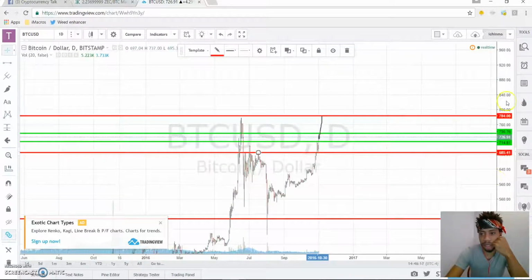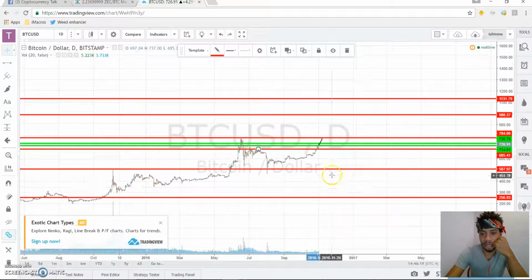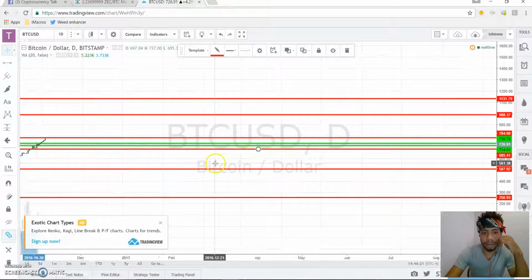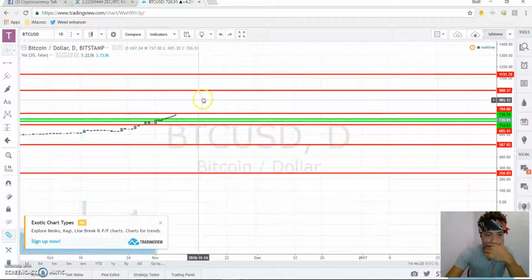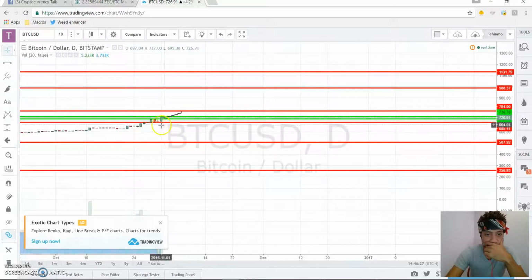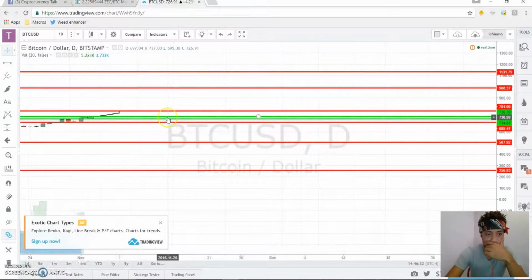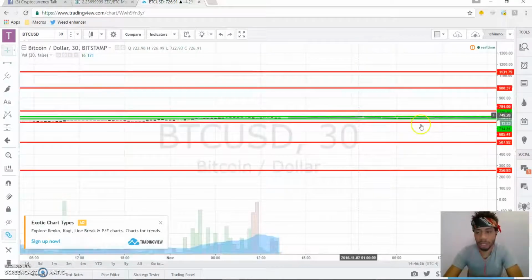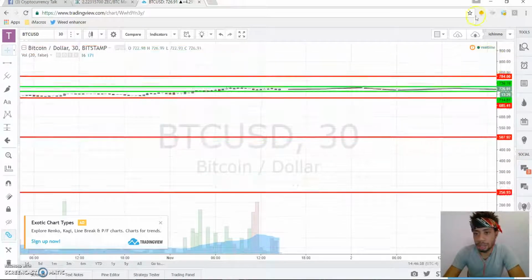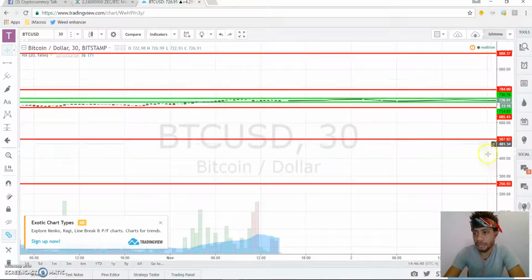And this is why I don't use TradingView, because of all this. But if I put the wick, anyway, I don't feel like doing that. I don't feel like moving the charts around. You get the point, right?